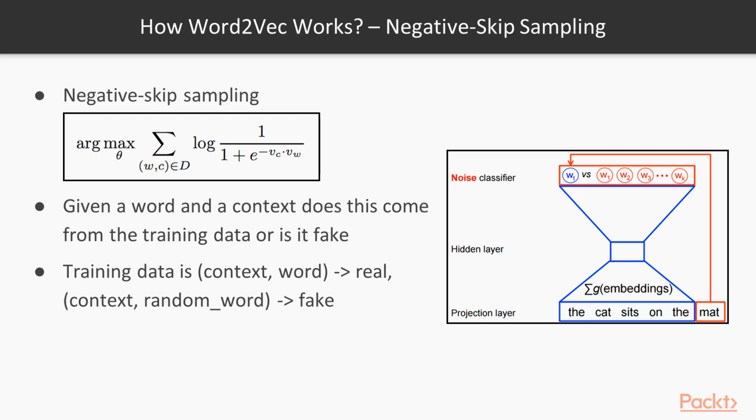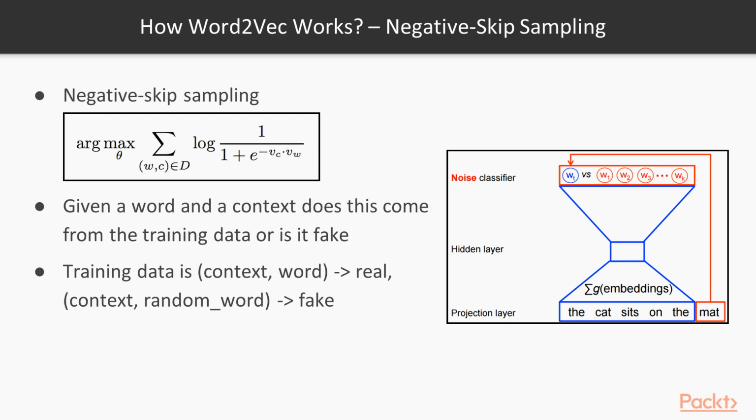And the way negative skip sampling does this is by setting up a noise classifier. So the core question that we are training it to answer is, given a word and given a context, does this come from the training data or is this completely made up?